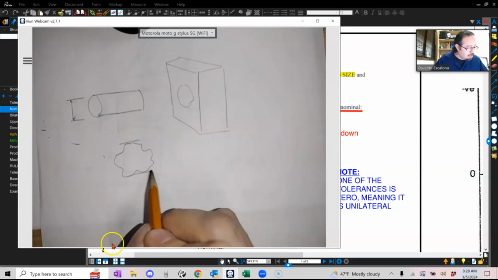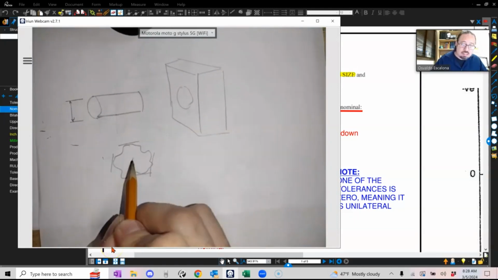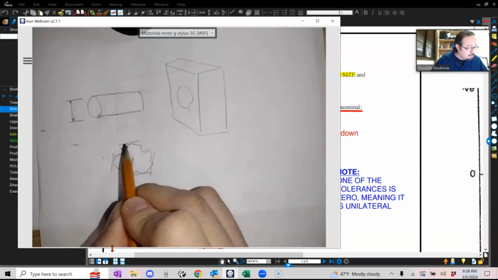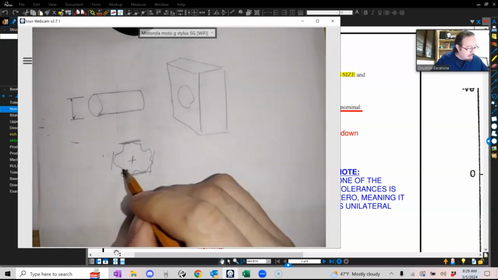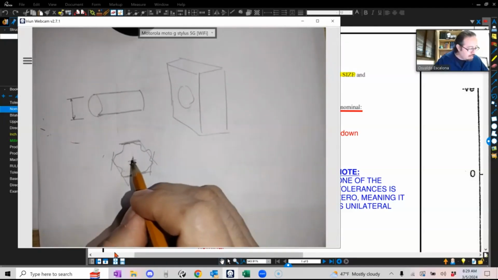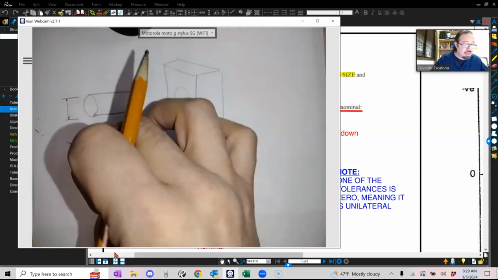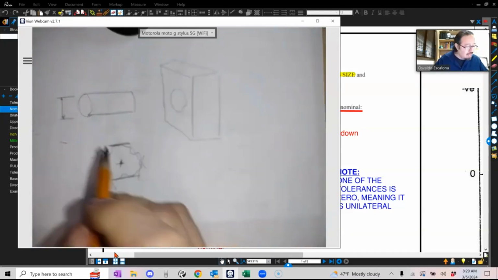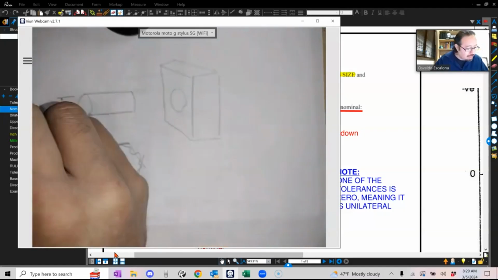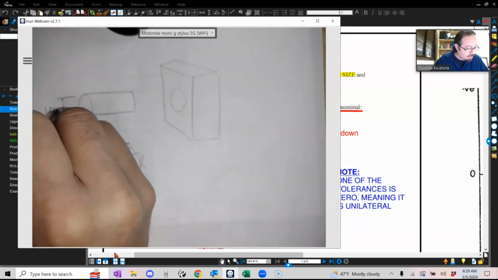I measure from here to there, and I measure from here to there. That one will define this point, kind of like the center of it. I measure from here to there, that one will define that point, and then you just continue. Eventually, I got the worst case condition of measuring my pin. In the worst case scenario, I found out that the maximum my pin could be would be 1.00.